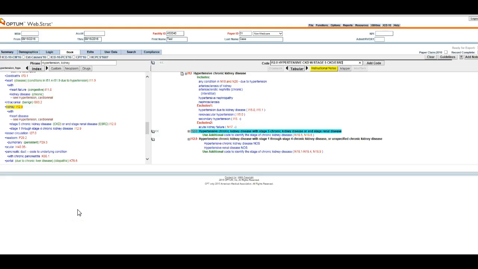So my first diagnosis, or the reason for the services for today, is chronic renal failure, end-stage renal disease. Now, the first search term you could go to is failure, and then search down the list that way to kidney.